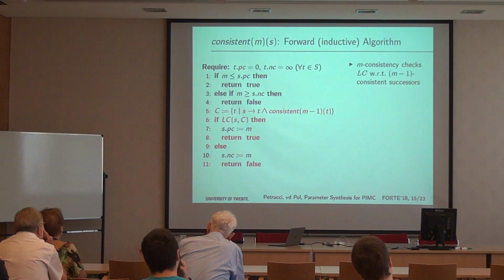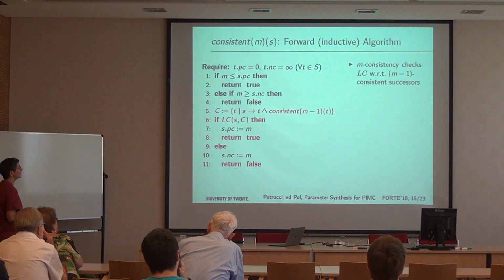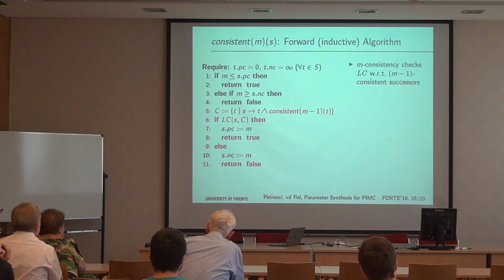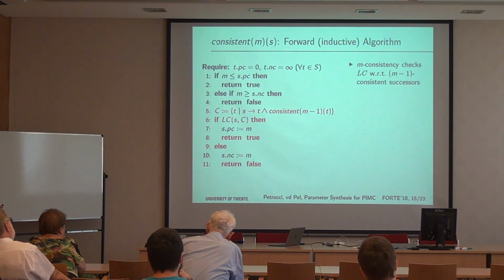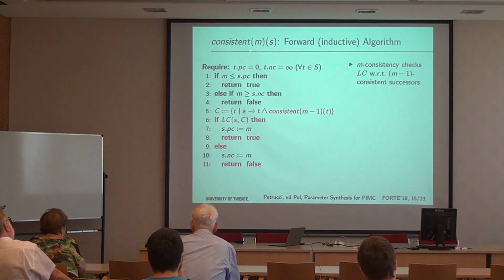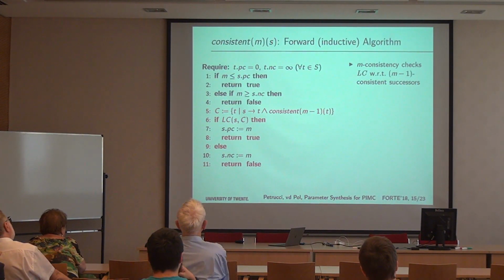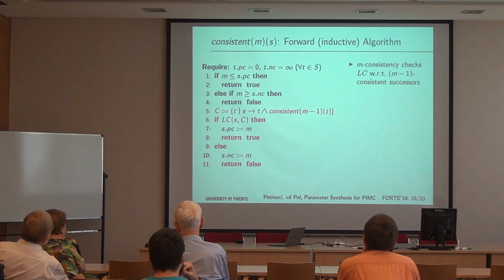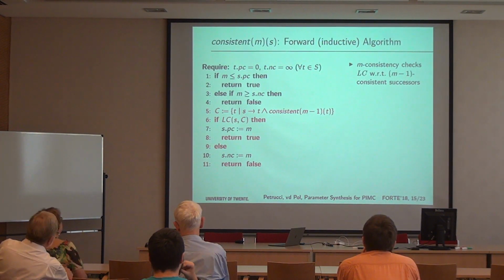The forward algorithm is doing n consistency checks. So here you have the consistency for a level n from a state S, and we are doing consistency checks with respect to n-1 successors. The procedure is applied at some level n-1, and we apply it again to level n.